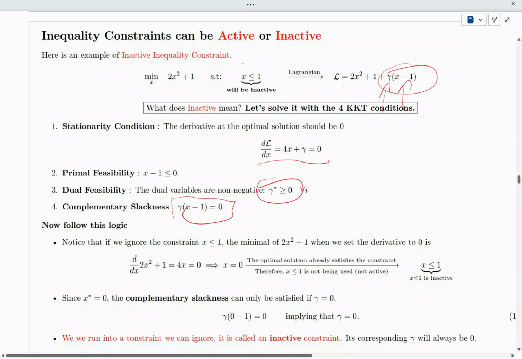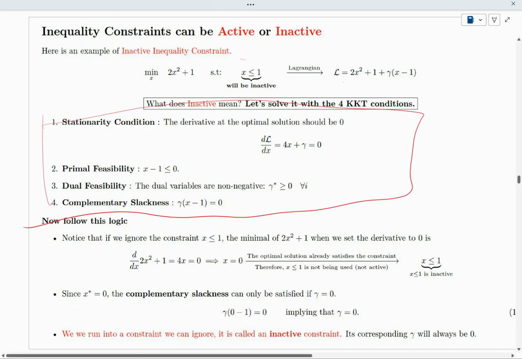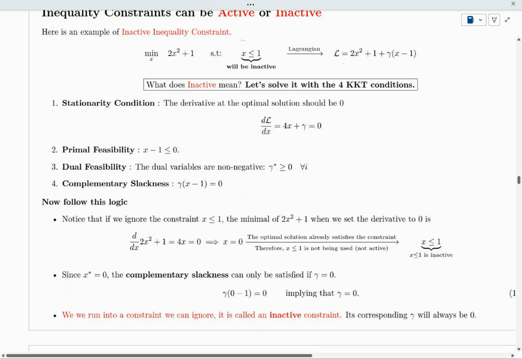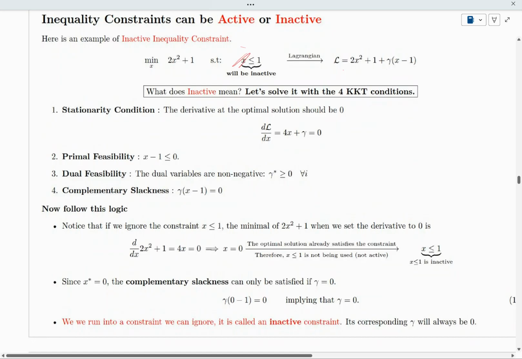Now, let's follow this logic again. How do we use these four conditions to essentially solve the problem? Well, notice that if we first ignore this constraint, let's pretend it's not there, then the minimum is found when we set the derivative to 0.